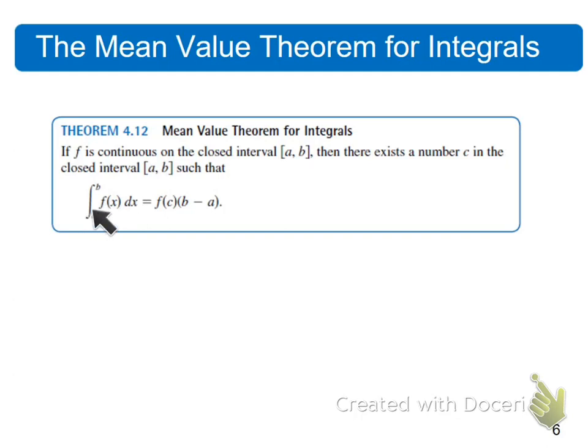So somewhere along the curvature from A to B, the integral of f of x dx is equivalent to the height somewhere, f of C, times B minus A. If you remember, we did the mean value theorem already this year, where we said there is a point C where the derivative equals the slope of the secant line.